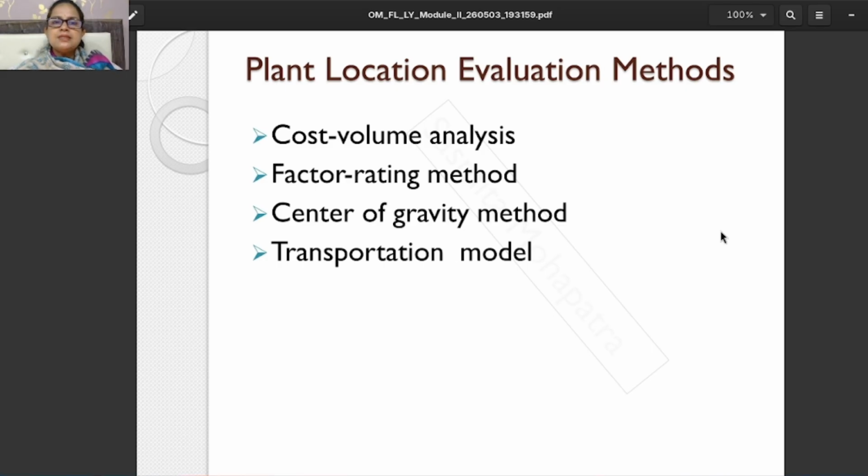Cost volume analysis is where we discuss the volume of production and the cost associated with it. Center of gravity method is also one type of method for analyzing plant location. And transportation model, we have different transportation models. We have already discussed these things in the transportation problem, that is linear programming. So we'll discuss one by one.